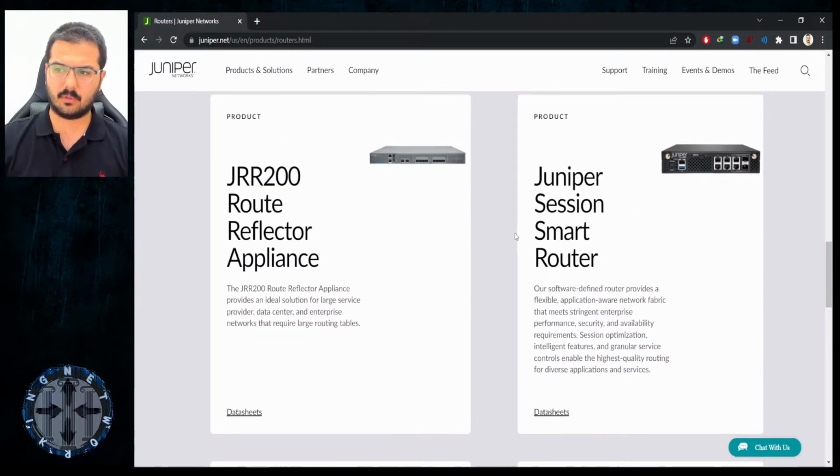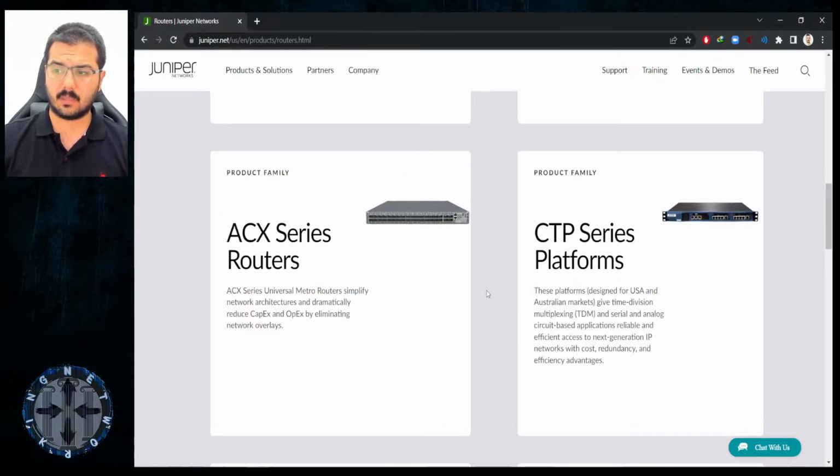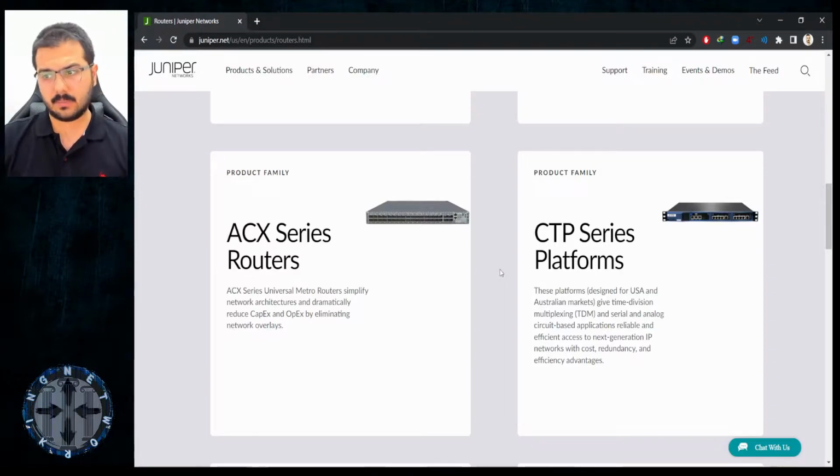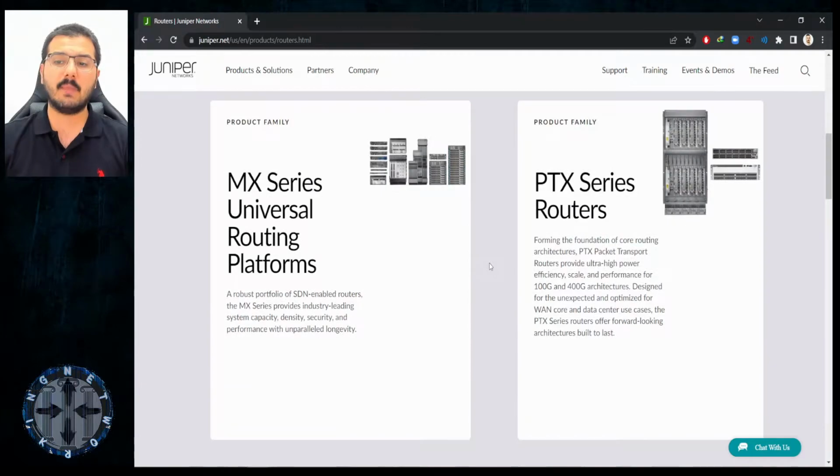This is something exceptional, not really a direct router, and some other lines of production that you might or might not see. Now, a JRR is only for RR purposes. That's why it's called the JRR, Juniper Route Reflector, and that is something exceptional. CTP, you might not see, or only occasionally. ACX a little bit, but mainly MX and PTX. This is the idea with them.